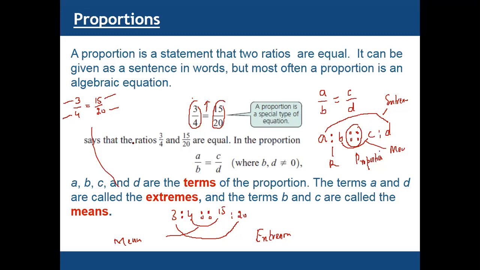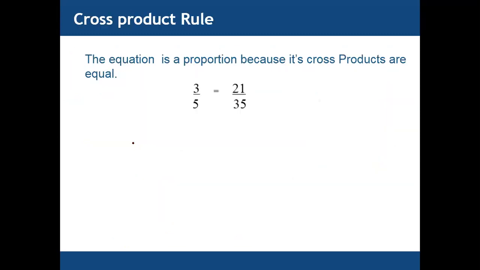Now, to check whether a proportion is correct or not, we have another rule, the cross product rule. For example, we have 3 over 5 and 21 over 35. Is that correct or not?